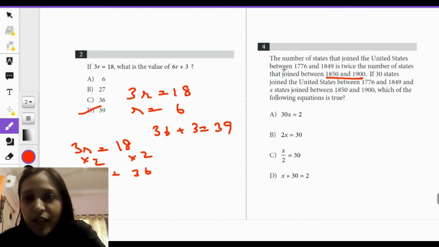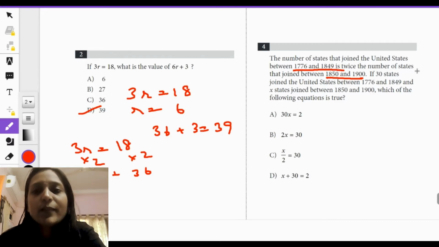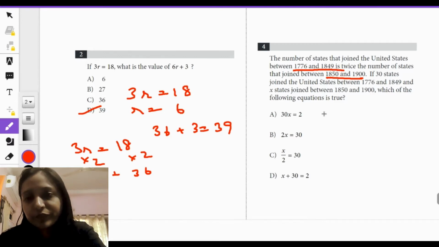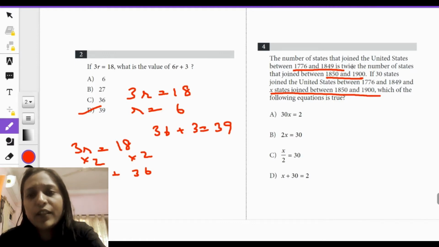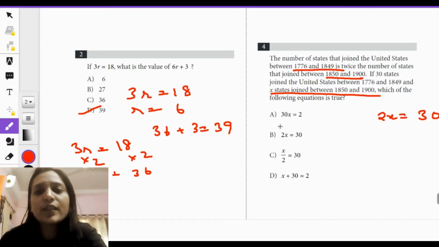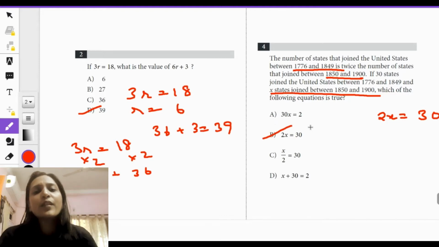So if x have joined between 1850, then twice the number of states joined between 1776 and 1849. So, 2 times x should be equal to 30. So that is what we should be looking for. 2x is equal to 30 is your answer.